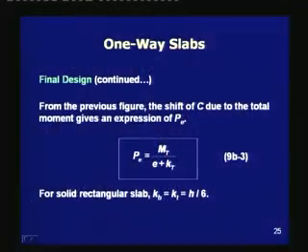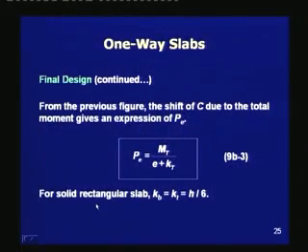And based on this stress profile, the shift of C due to the total moment gives an expression of PE. The derivation of the equation was shown earlier, and here it is recollected that from that stress profile we get PE is equal to the total moment divided by E plus KT, where E plus KT is the distance by which C has traversed from CGS to the top kern point.